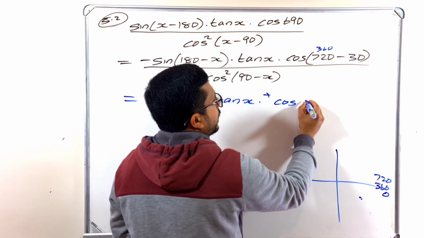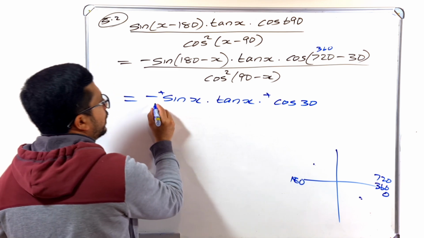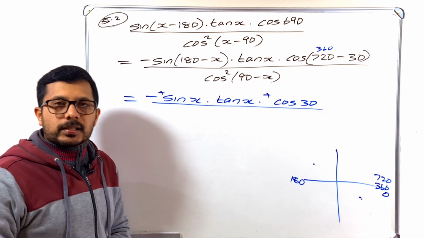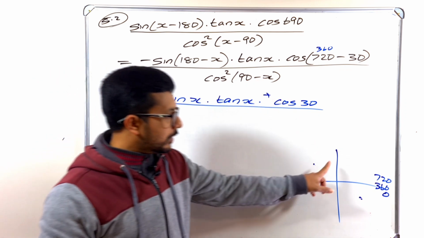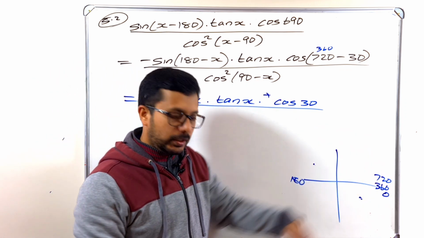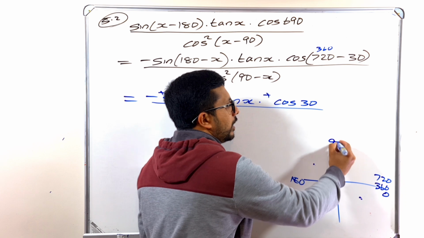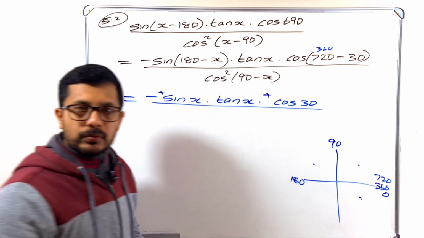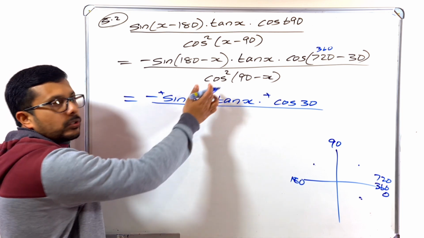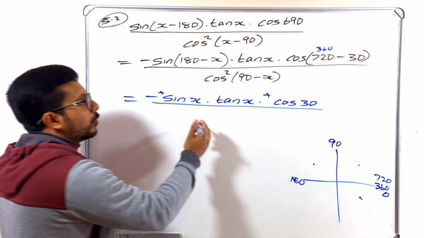So it is cos, then that angle 30, then the whole divided by 90 minus x. 90 minus x, this is 90. 90 minus means first quadrant, and 90 minus x means that is on the first quadrant. First quadrant all are positive, doesn't matter cos or sine or whatever may be, so it is positive.